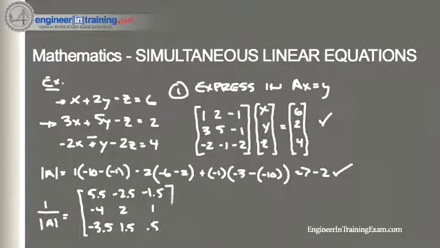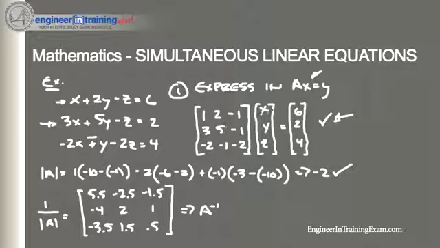So this is our inverse matrix of A. So what we need to do now is take this inverse and pre-multiply both sides of this equation by that inverse matrix, and we will get our values for x.